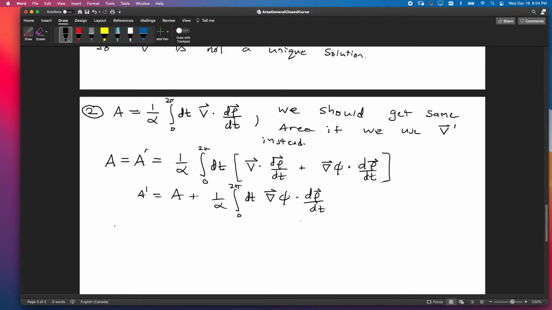Therefore, the integral from 0 to 2 pi dt of the gradient of phi dotted into d rho by dt has to be equal to 0.